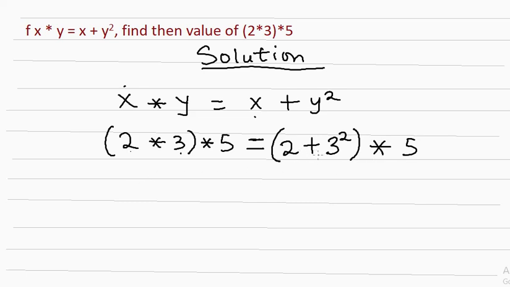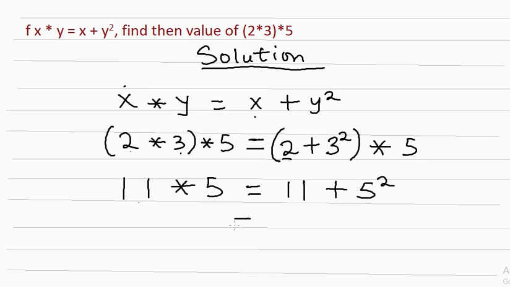So let's evaluate the bracket. This is going to be 2 plus 3 squared. 3 squared is 9, then 9 plus 2 is 11. So this is going to be 11, then asterisk 5. At this point, 11 represents x, 5 is representing y, so still putting it into this formula, any place I see x, I write 11, then plus 5 squared.